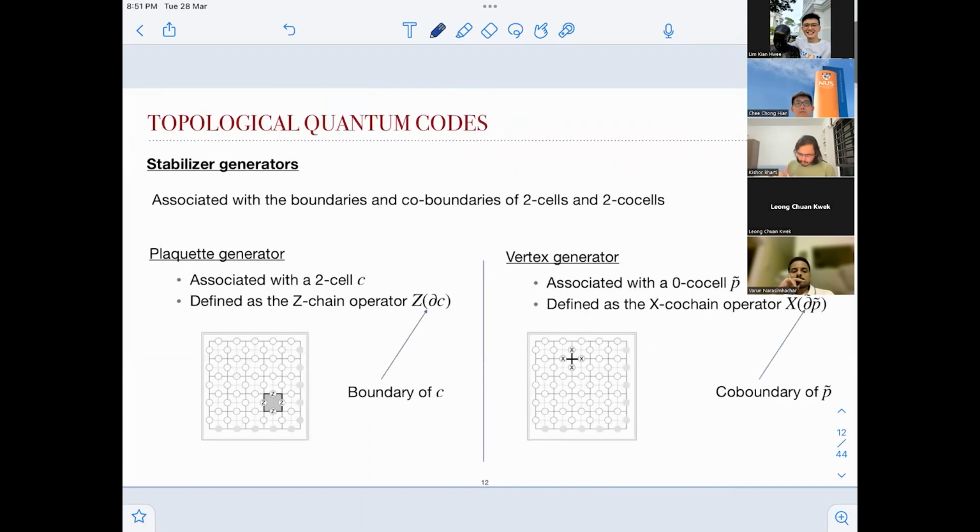So now you see that it's so easy. You have some chain C, and the stabilizers, if you think about it, are the elements of the boundary group. That's how you can think of it, as the set of boundaries.